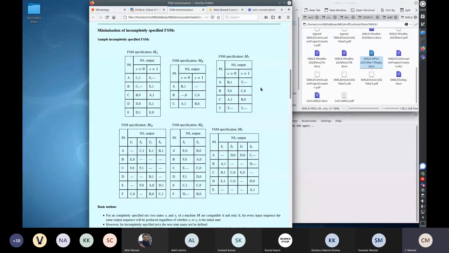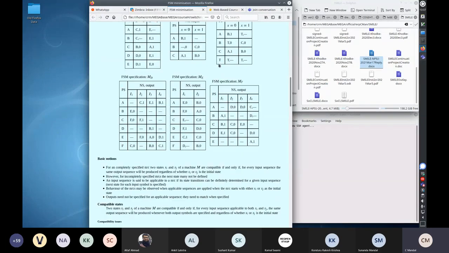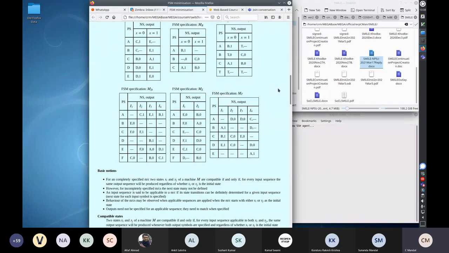So sometimes the output is specified but the next state is not specified. Sometimes the next state is specified, output is not specified, and sometimes both are left unspecified. So these are various possibilities.